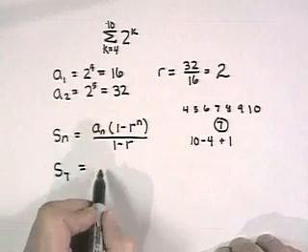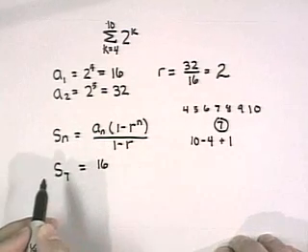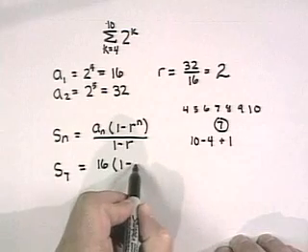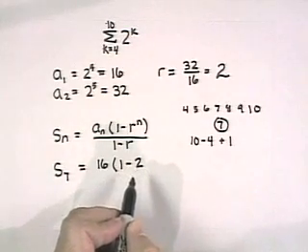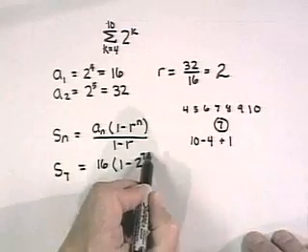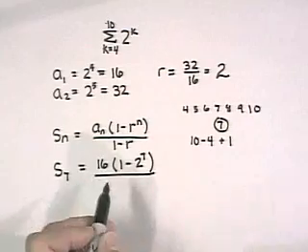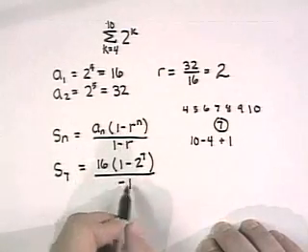The 7th sum is the first term times 1 minus r, which is 2, raised to the nth power, which is 7, and divided by 1 minus 2, which is negative 1.